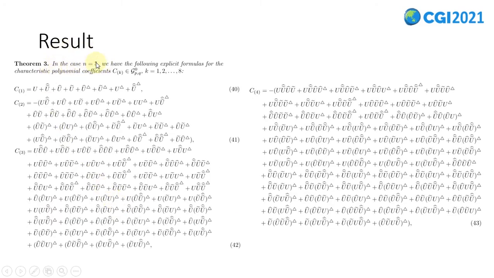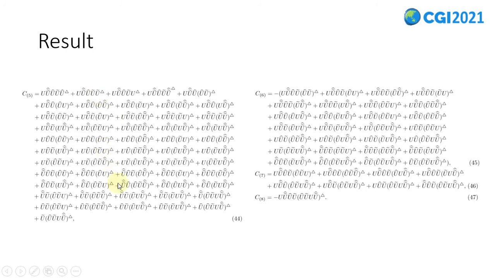In the case n equals 5, we found explicit formulas for all characteristic polynomial coefficients in geometric algebras. We verified them using computer calculations. Note that these formulas are basis-free and involve only the operations of geometric product, summation, and operations of conjugation.